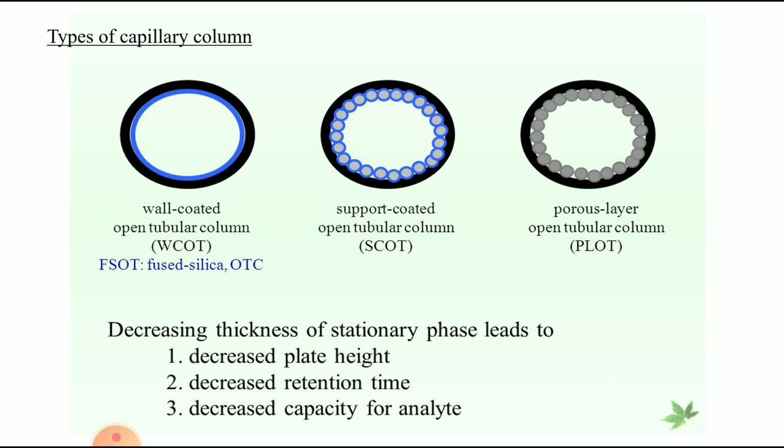In porous layer open tubular columns, compared to the SCOT columns, the porous or open space is more. So the decreasing thickness of stationary phase leads to decreased plate height, decreased retention time, and decreased capacity for analytes.